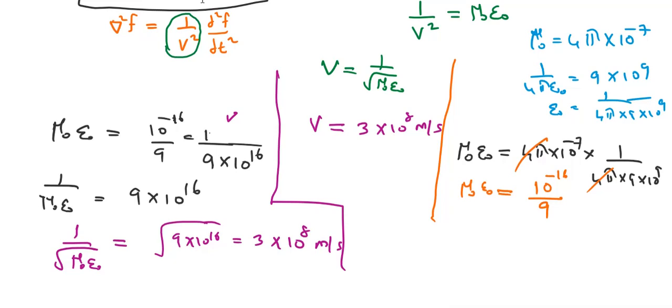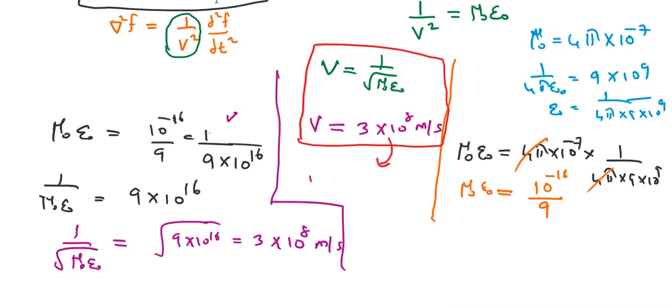Okay, see, this value is quite interesting because V is equal to 3 into 10 power 8 meter per second, which is nothing but the velocity of light.